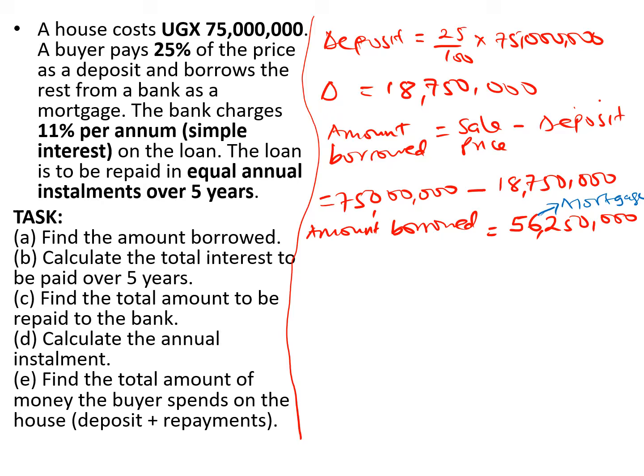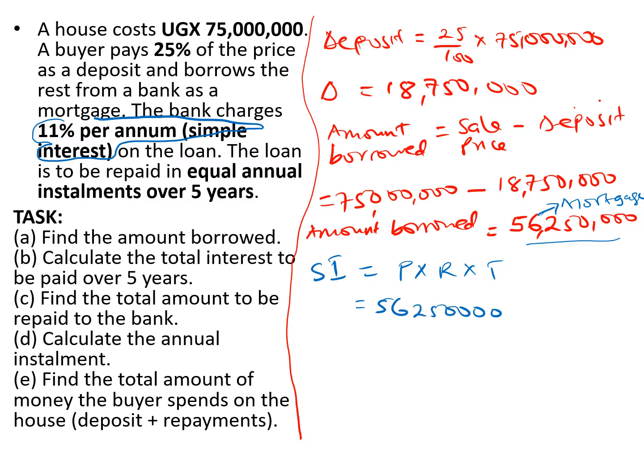Here we use simple interest, and remember the simple interest rate per annum. So we say principal times rate times time. Our principal is what is borrowed, 56,250,000, times rate, which is 11 out of 100, times time, which is 5.